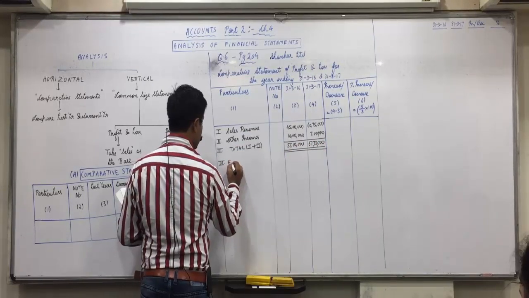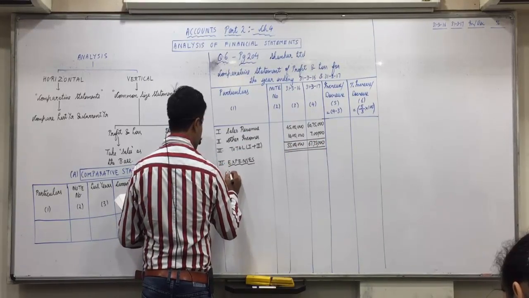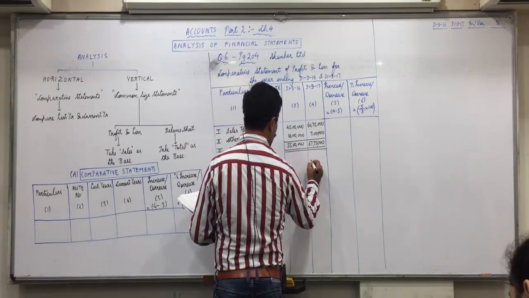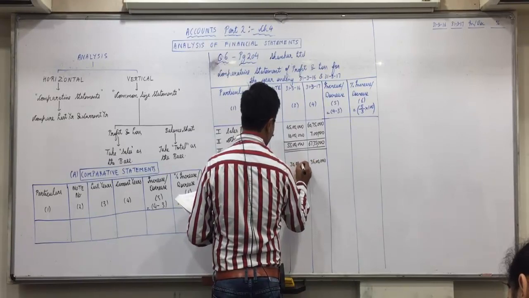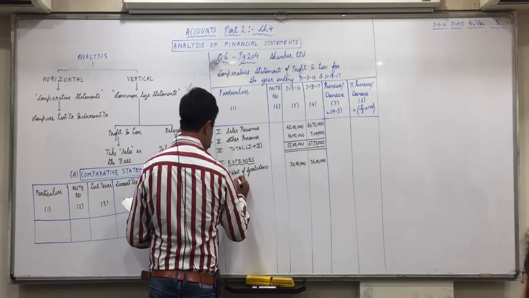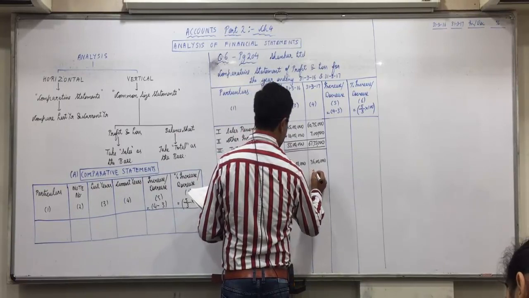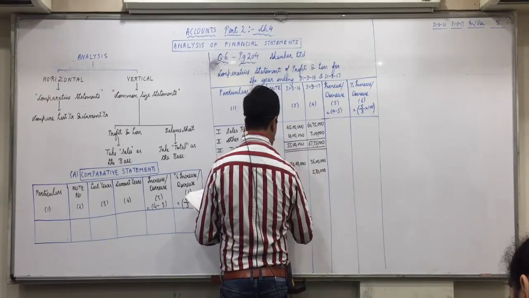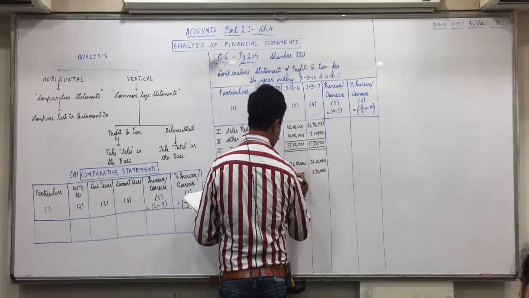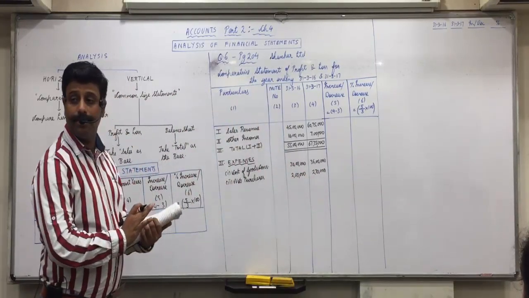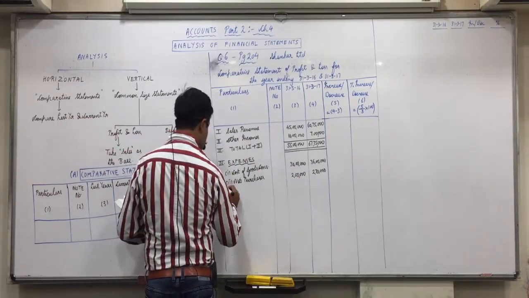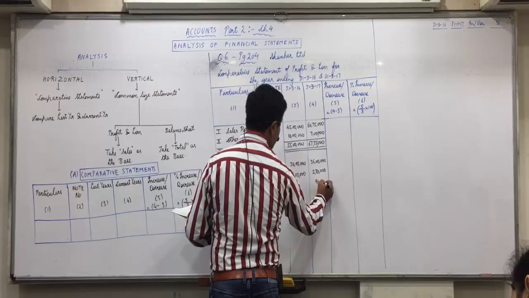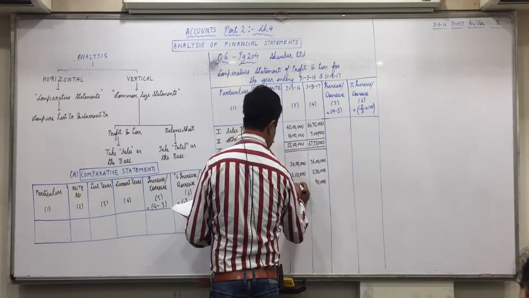Fourth, expenses, in that first, cost of goods consumed, 36 lakhs in fourth column, 30 lakhs in third column. Second, net purchases, 2 lakhs 70,000 in fourth column and 2 lakhs in third column. Is everyone able to follow this? Yes. Then third, changes in stock, 90,000 in fourth column, 70,000 in third column.